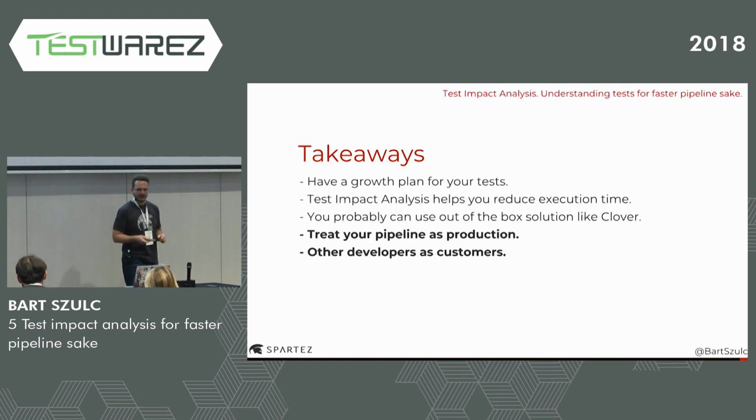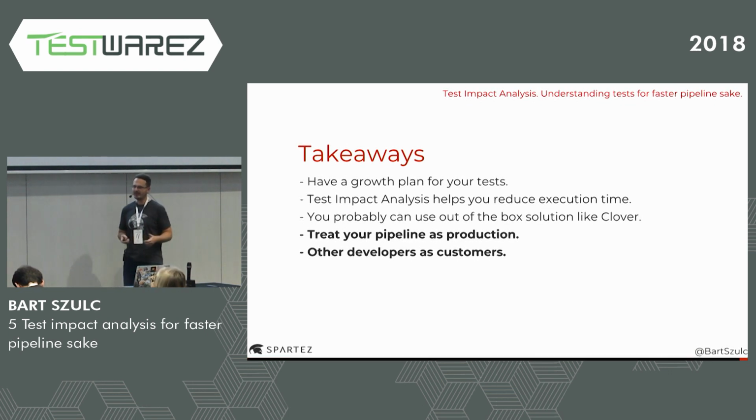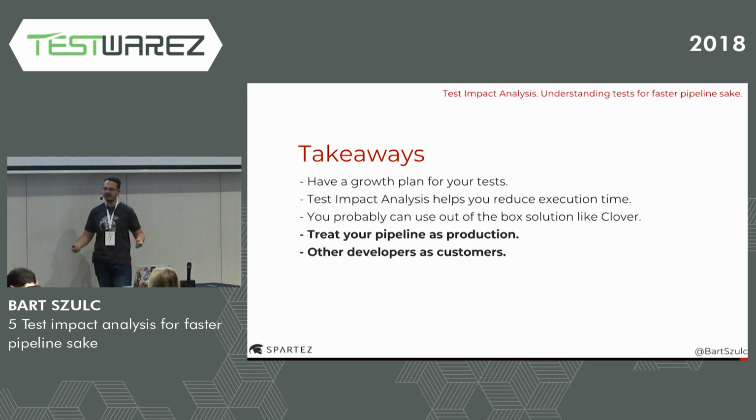Yeah, and the third thing is that treat your pipeline, or treat your CI and CD, as production. At least try to look at it as production. If you have some kind of KPIs for production, try to also define and meet those KPIs for the pipeline. Not only because we care about developers, and in my company, developers are responsible for implementing automated tests, right?